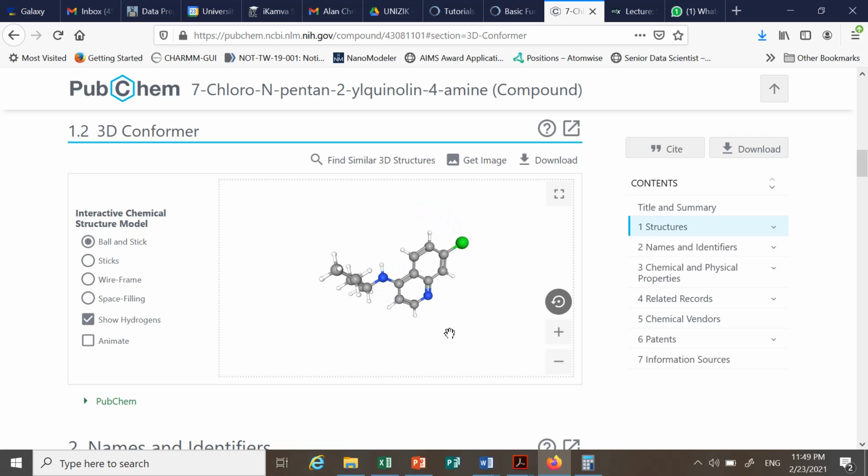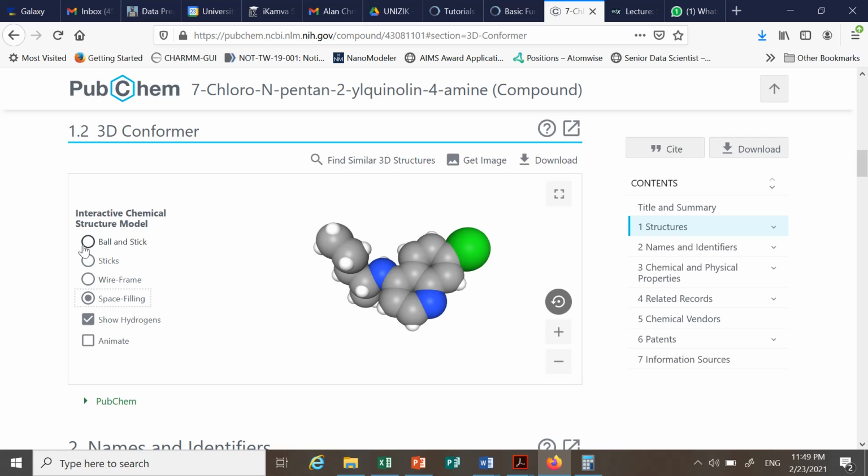You can show the compound in different representations: ball and stick representation, wireframe representation, or space fill.